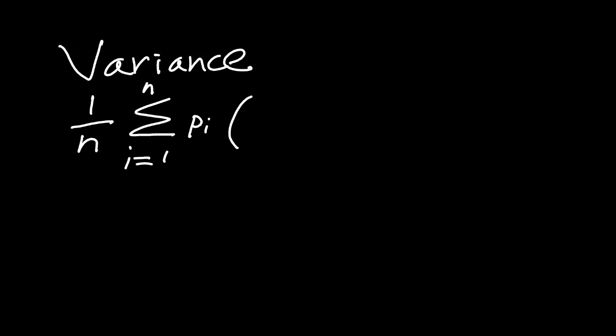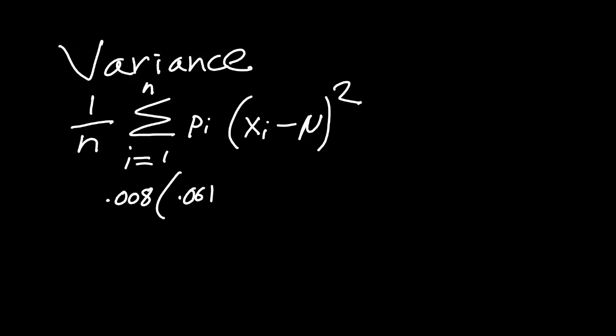The variance of a probability distribution is 1 over n times the summation from i equals 1 to n of p sub i times x sub i minus the mean of all the x's, the thing that we just calculated a minute ago, squared. So I'll just do the first couple terms. It would be 0.008 times 0.061 plus 0.032 times 0.021 and so on.